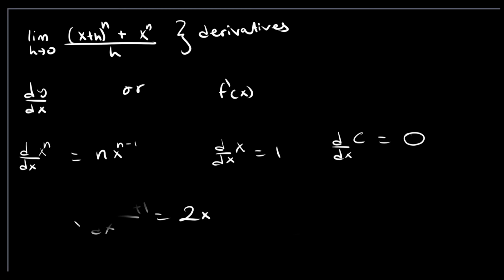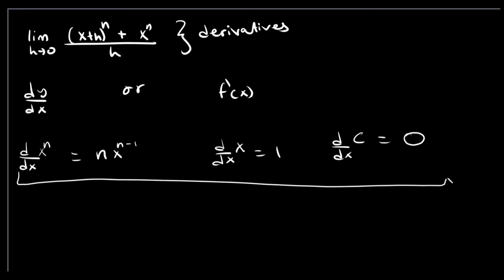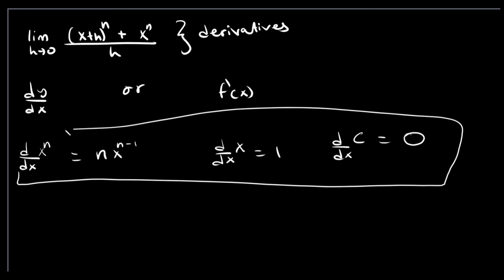So for my 1, you don't have any derivative for that, it's just going to equal 0. So far, what we have done is the limit, and the limit can be simplified as this. We're going to look at more derivatives, but for now this is what you need to know.